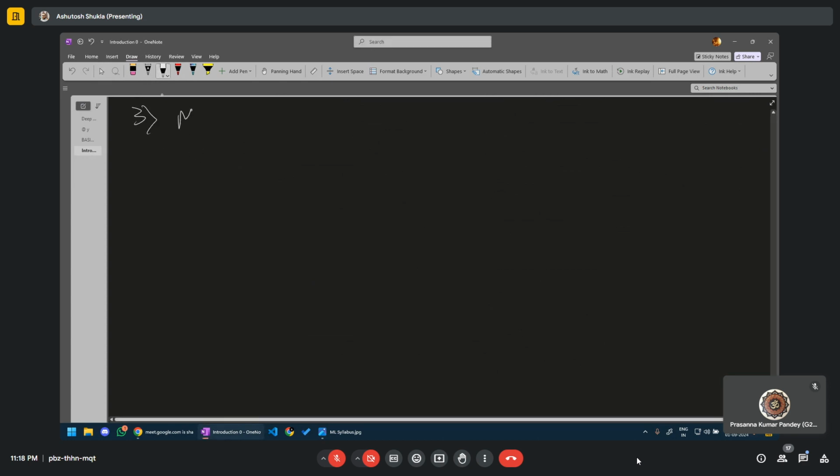So number 3, max absolute normalization, and all you have to do here is say feature normal equals the feature divided by the maximum of that feature, in absolute form.